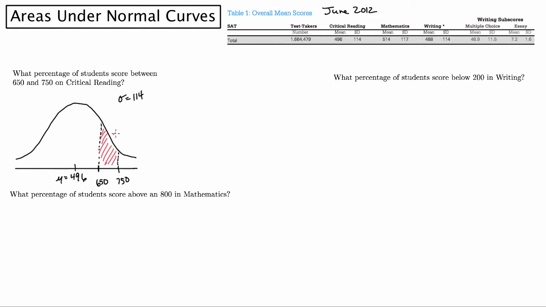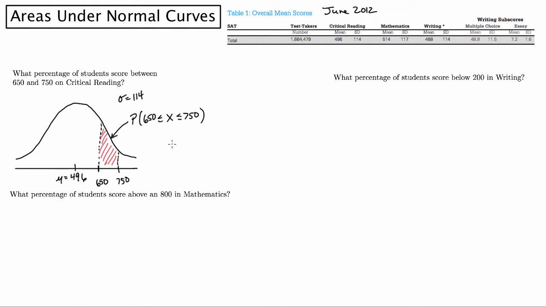And what we would like to find is, if you were to select someone at random from this group of 1,664,479 test takers, what is the probability that their score will be between 650 and 750. That's what we're trying to calculate here. And that probability is the percentage of area under the curve between 650 and 750.